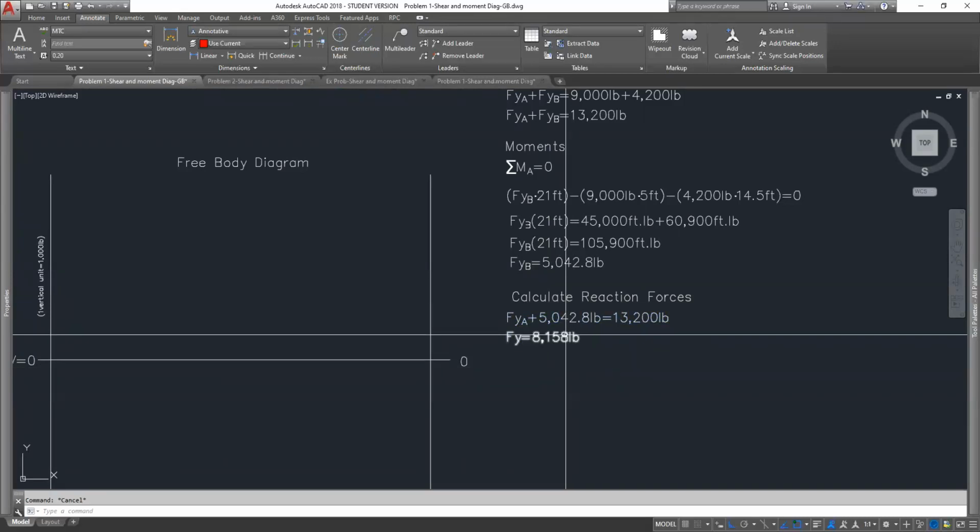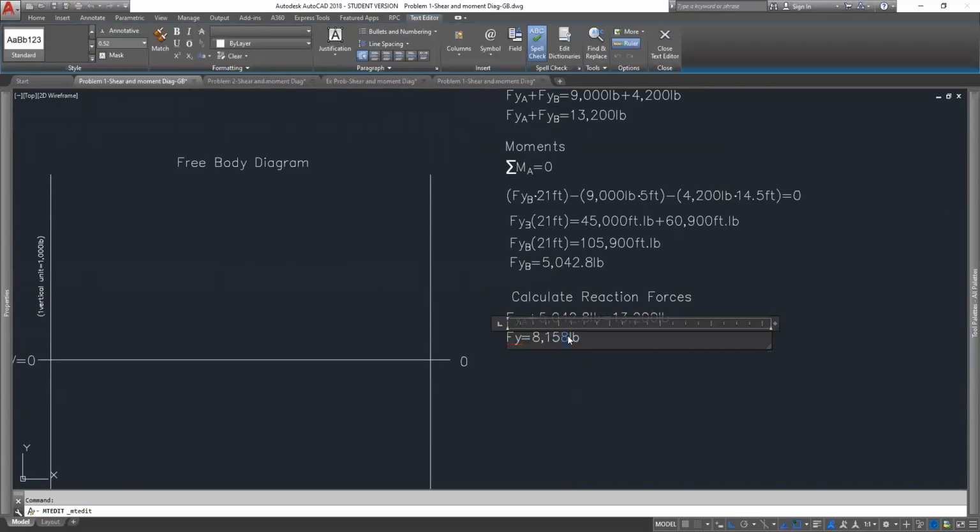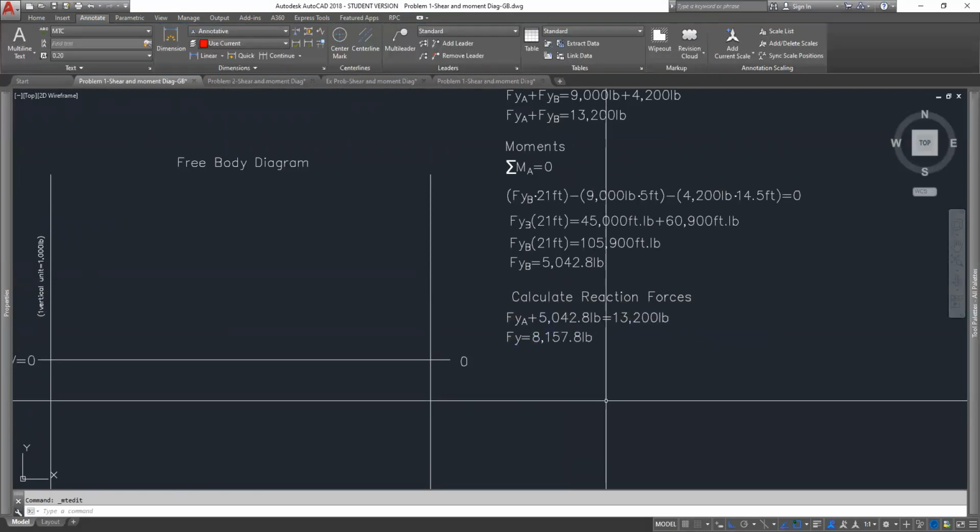Oh, I didn't include the decimal. My bad. What is it? 8,157.2.